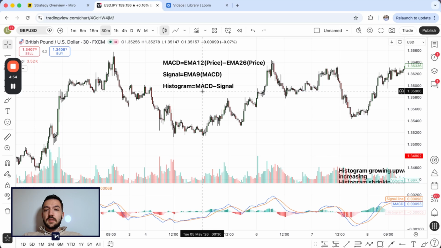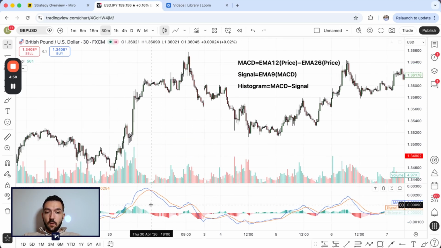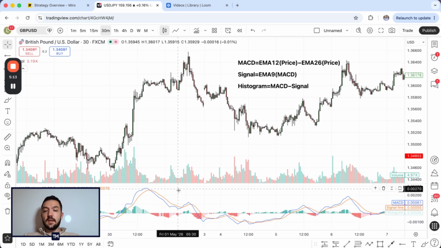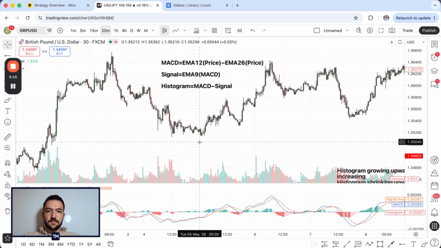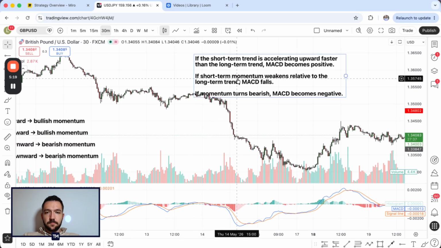The histogram is the difference between these two, and as you can see, when they cross, the histogram actually becomes 0, because they're at the same point. So this is again something interesting to use. If it's widening, if it's tightening, it can indicate interesting things.